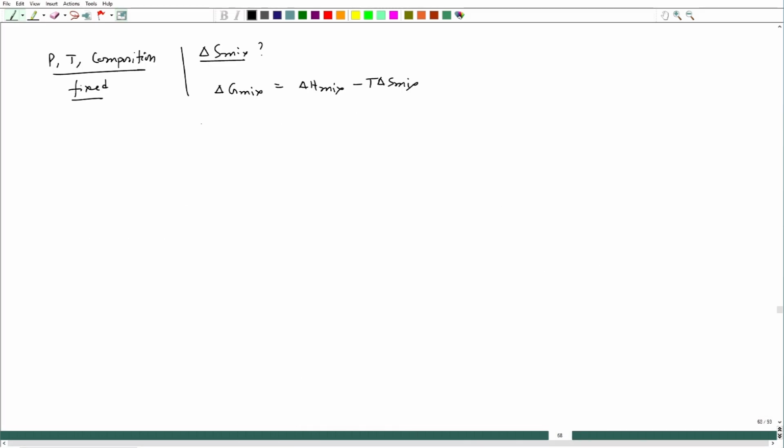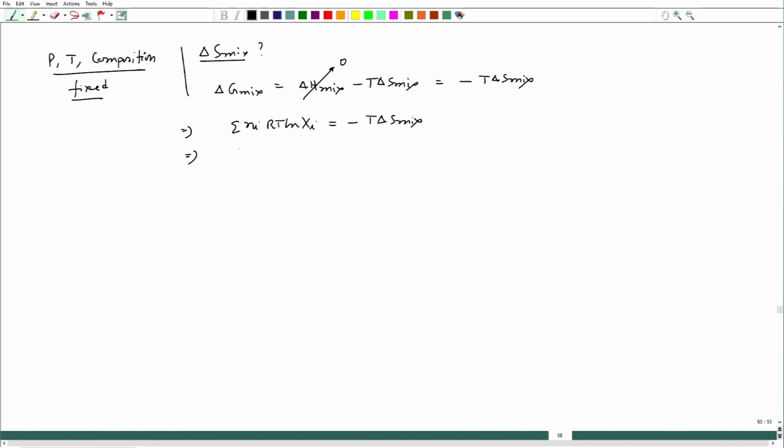So, now we have already seen that this goes to 0. So, then it is basically minus T delta S mix. So, delta G mix we have found out is equal to minus T delta S mix.